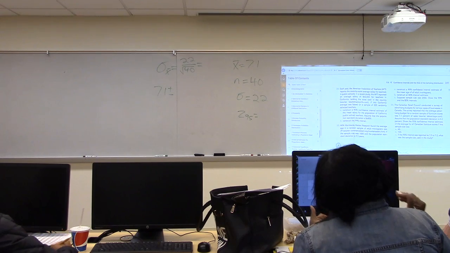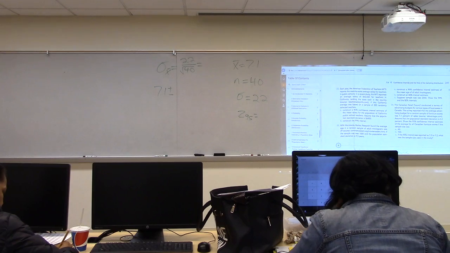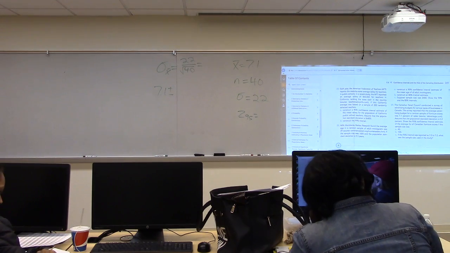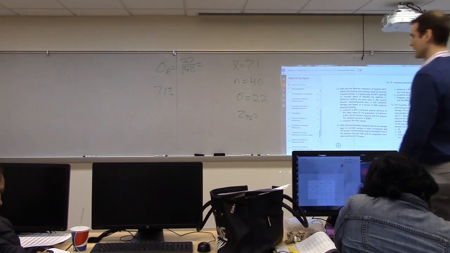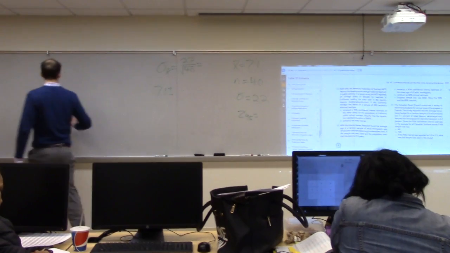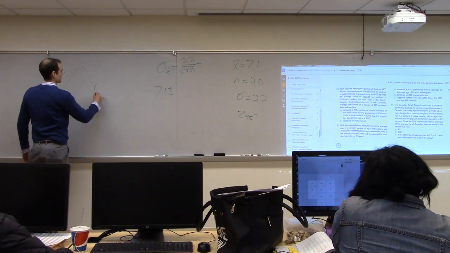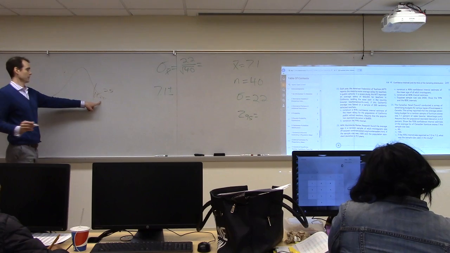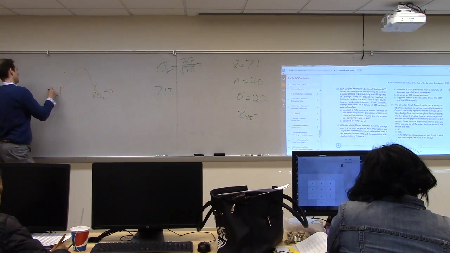So if there's 2.5% in that upper tail, what is below that? Now draw that picture, with the tail, so we can see it. 2.5% is the area under the curve.